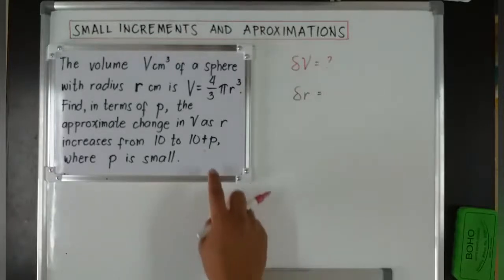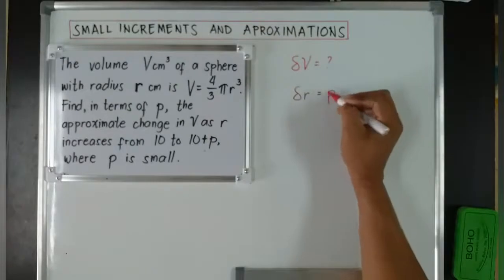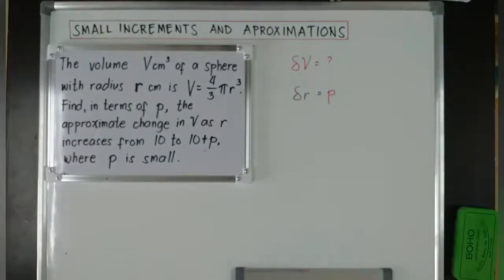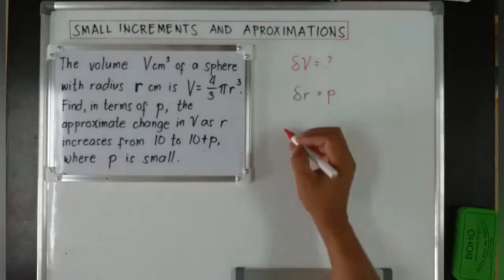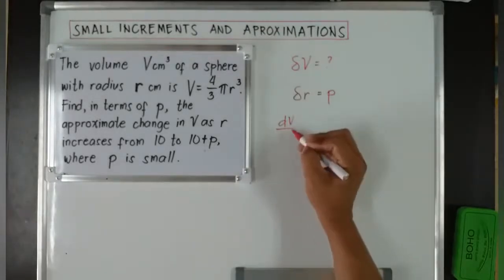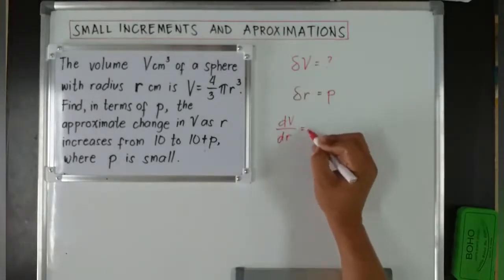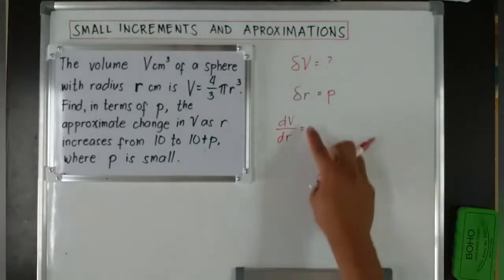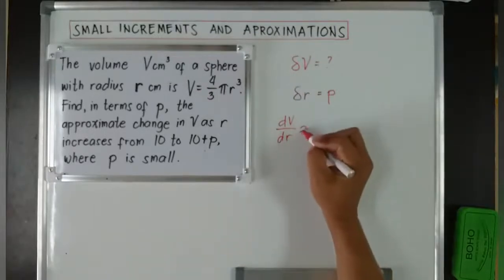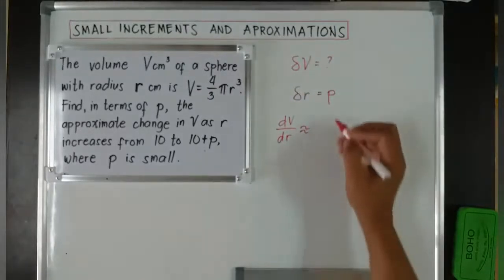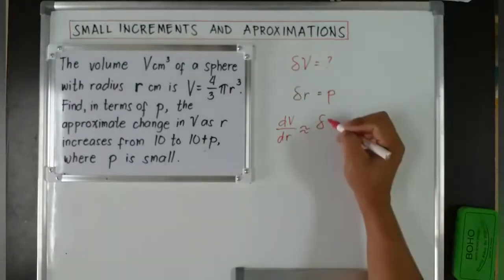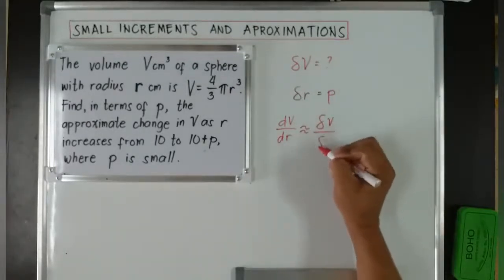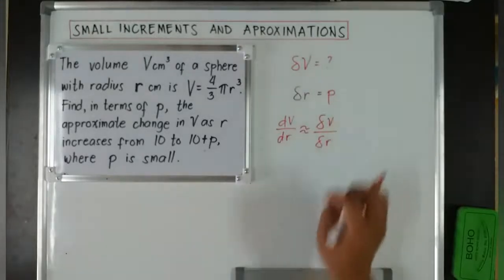So it means the increment is basically P. So the small increment of R is equal to P. Next, remember that dV over dr can be taken from this, and it is approximately equivalent to small increment of V over small increment of R, which is P.